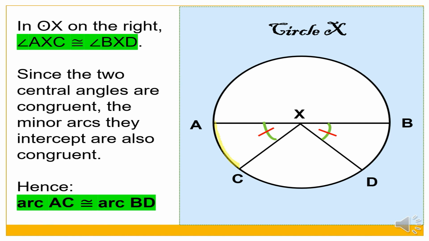Arc AC is the intercepted arc of angle AXC, and arc BD is the intercepted arc of angle BXD. Hence, arc AC is congruent to arc BD.